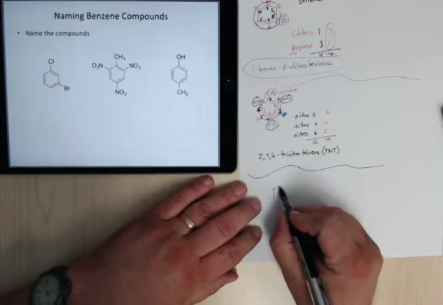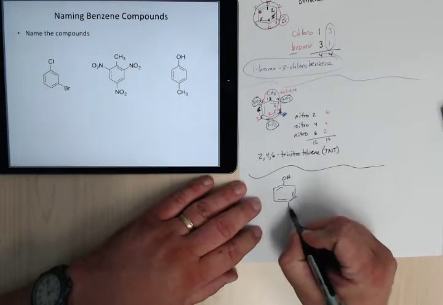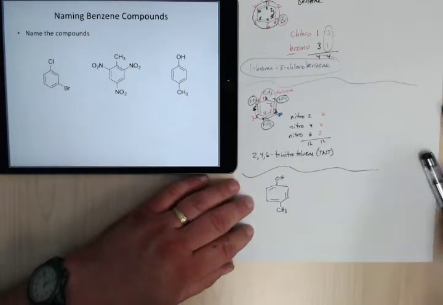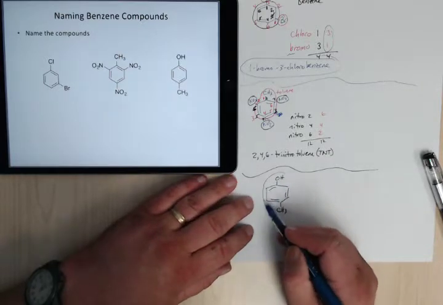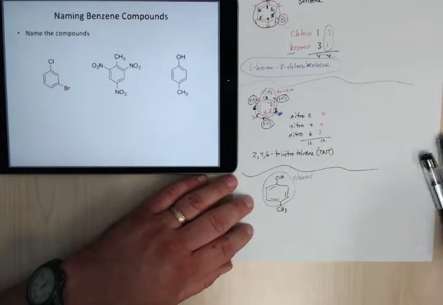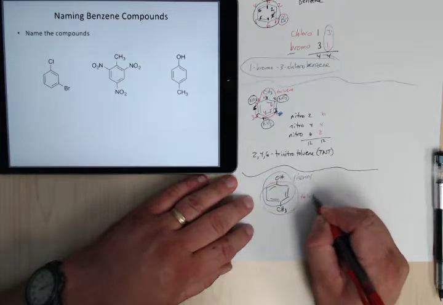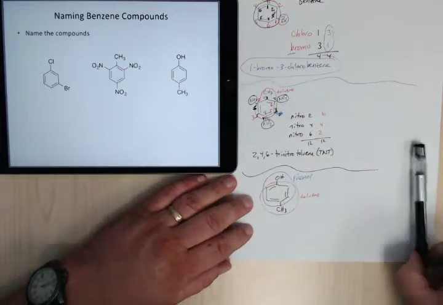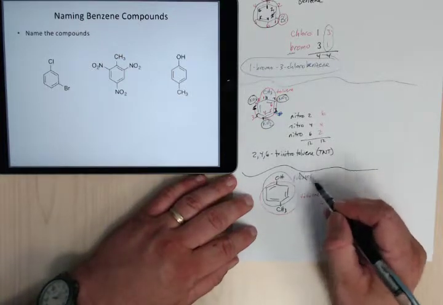Okay, so for this one, here we actually have 2 base structures. We have this one, which is phenol, and then we also have this one, which is toluene. Now we have to do the priority. Everything's going to be a higher priority than toluene, so we're going to get rid of this one.